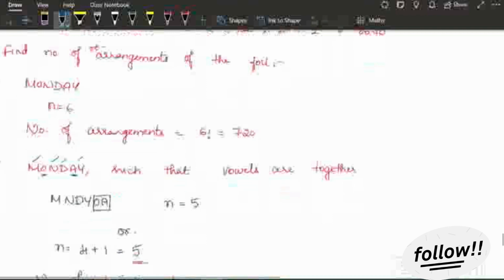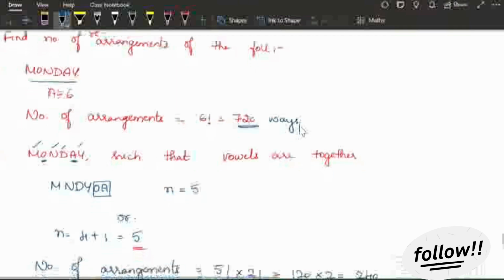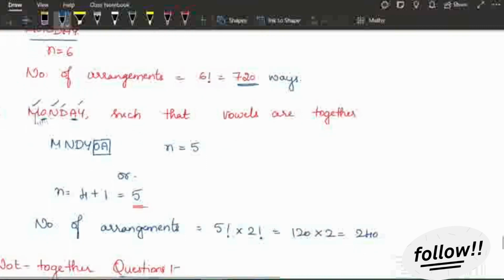See this previous example. We had a word Monday, which has 6 letters. We found out how many different rearrangements are possible. These 6 letters can be rearranged in 720 different ways. In this, we found out in how many arrangements O and A, that is, these vowels are always together.